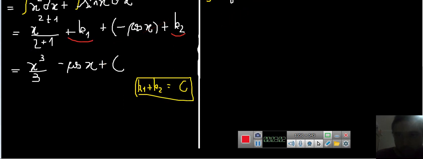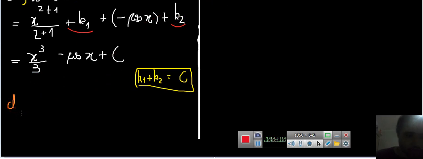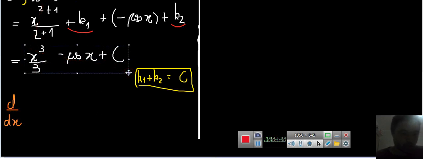To know that this is exactly the function, we must derive it. So we derive with respect to x this function right here, okay? Let me just copy right here.